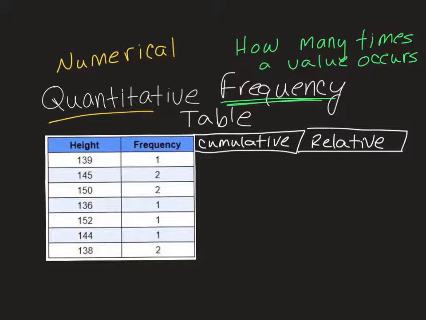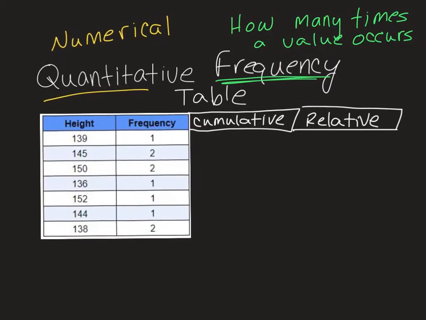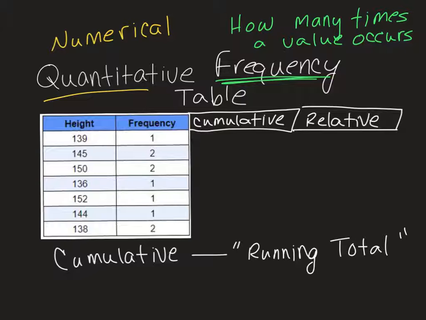So now I've added to our table my own little columns for cumulative frequency and relative frequency. So cumulative frequency just means, think of that as a running total. So for example, if you look at row 1, you have one person that has a height of 139.